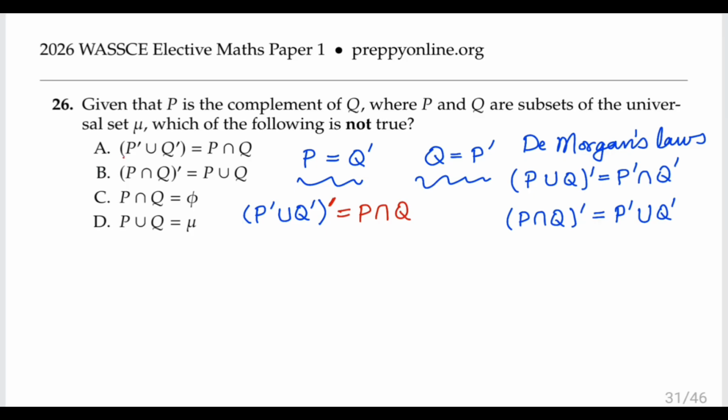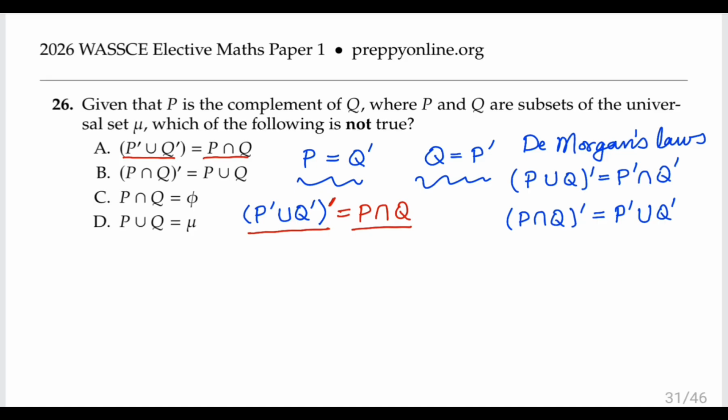We are told that this P complement union Q complement is equal to P intersect Q. However, what De Morgan's laws are telling us is that it's rather the complement of that that is equal to P intersect Q. So immediately we suspect that A is not true.